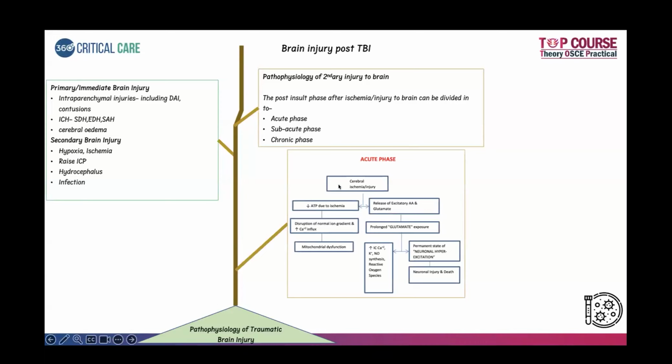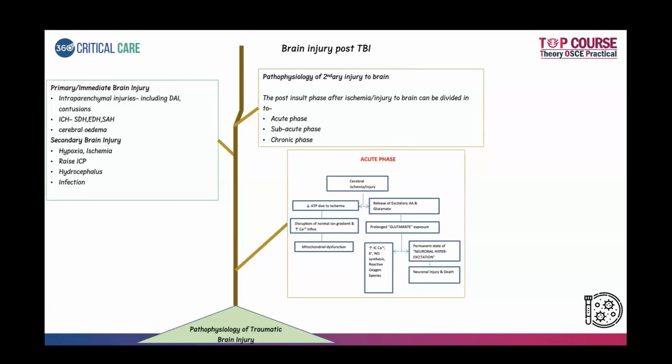Now, acute phase: due to any insult in the brain, the ultimate final pathway is hypoperfusion, or low blood supply, or an ischemic change to the brain. So either there is a metabolic failure because of direct injury, or there is a hypoxia to that part of the brain that is governing the acute phase of the injury, that is within hours to a few days.